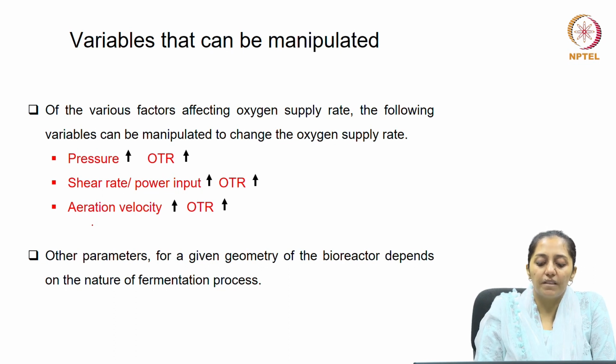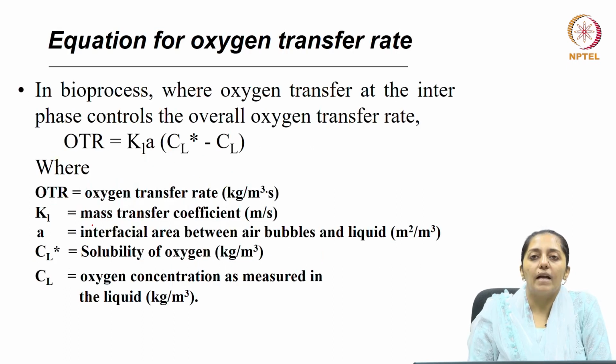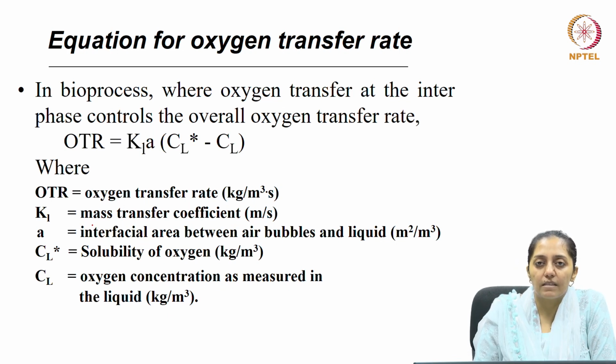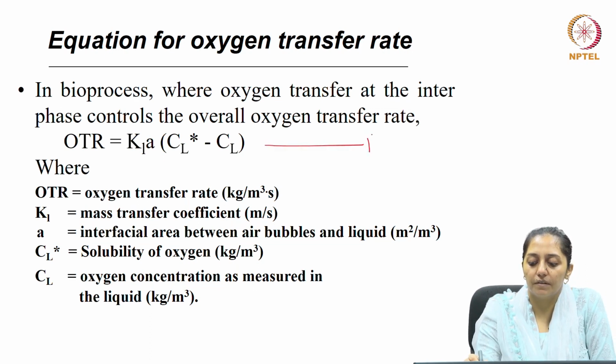Now, the other parameters for a given geometry of the bioreactor depend on the nature of the fermentation process. So, as we have done earlier, the oxygen transfer rate in bioprocesses, when we assume that gas liquid mass transfer resistance is the slowest step, or the gas liquid interface is the most crucial step affecting the oxygen transfer, is defined as given here.